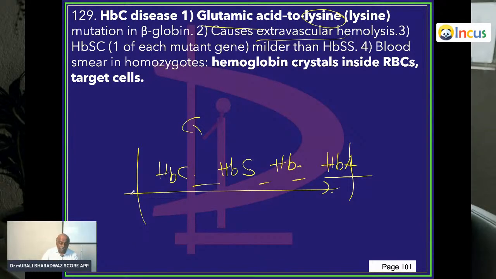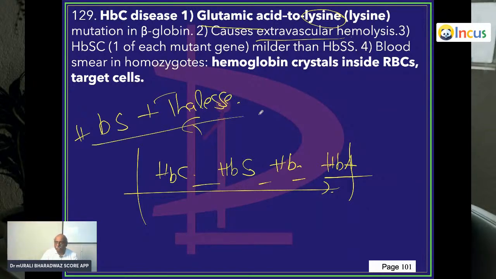Once more, if HbS plus thalassemia happens, will it be severe or milder? Sickle is the abnormality in the beta chain.